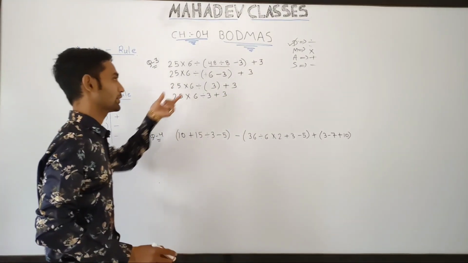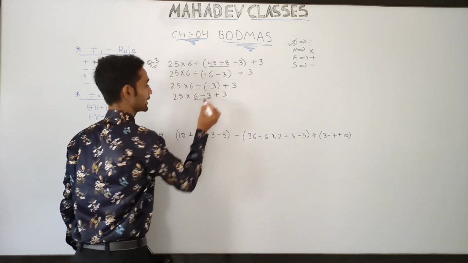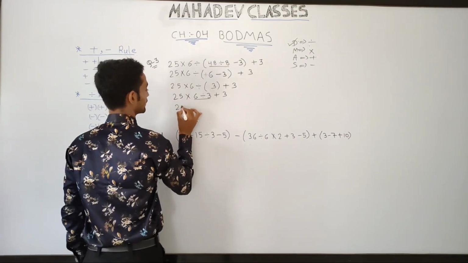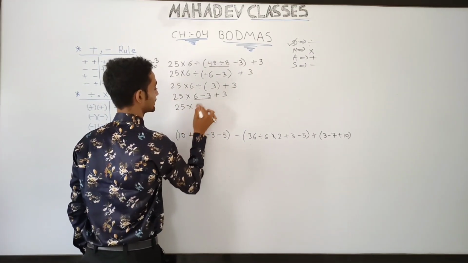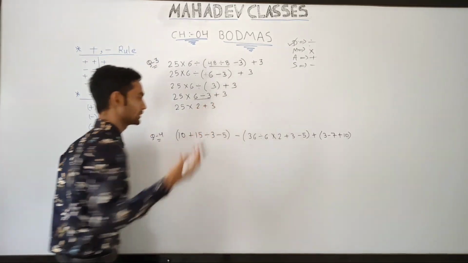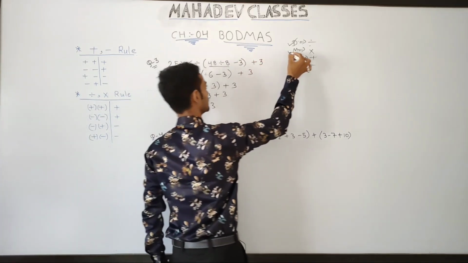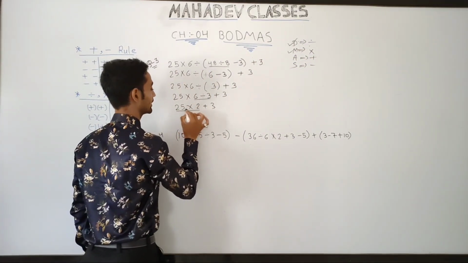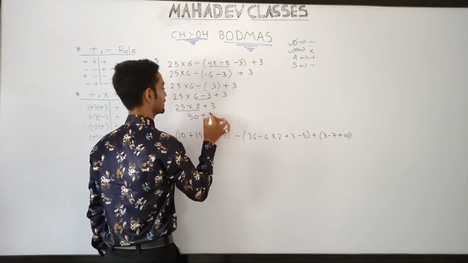Okay, now follow that D mass rule again. See, 6 divided by 3, 3 2s are 6. 25 multiplied by 2 and plus 3. Okay, now go for that multiplication. 25 multiplied by 2, you will get 50 and then plus 3.